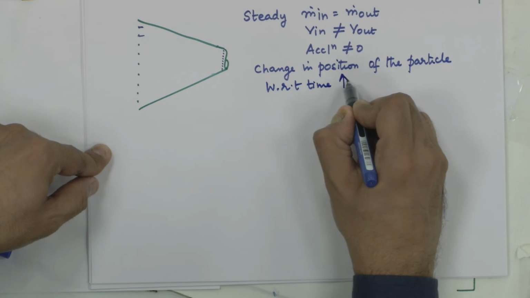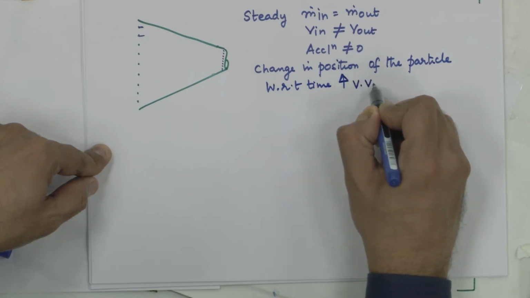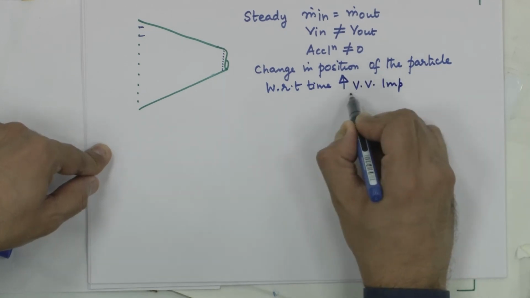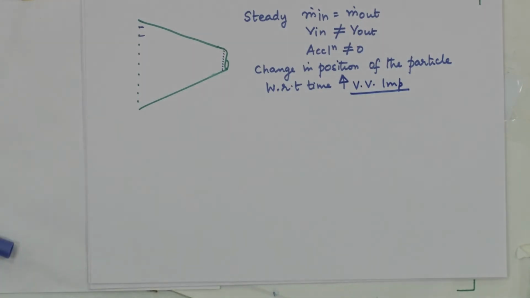This is very, very important in fluid mechanics. Unlike solids where this doesn't exist, you have this particular fact that position of the fluid particle can change, which is the definition of the fluid.